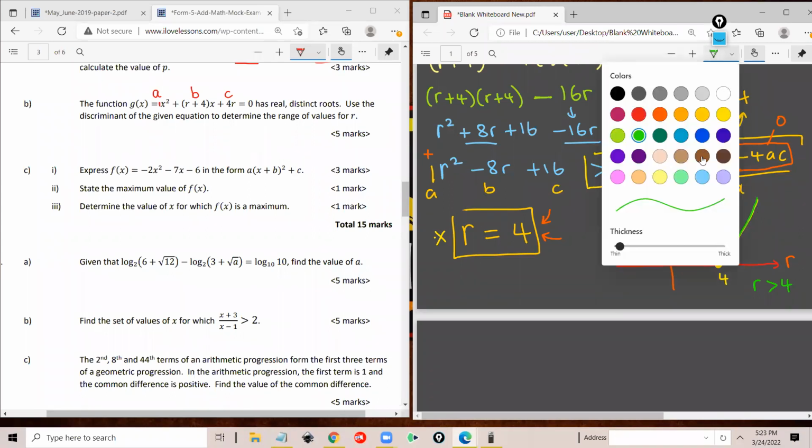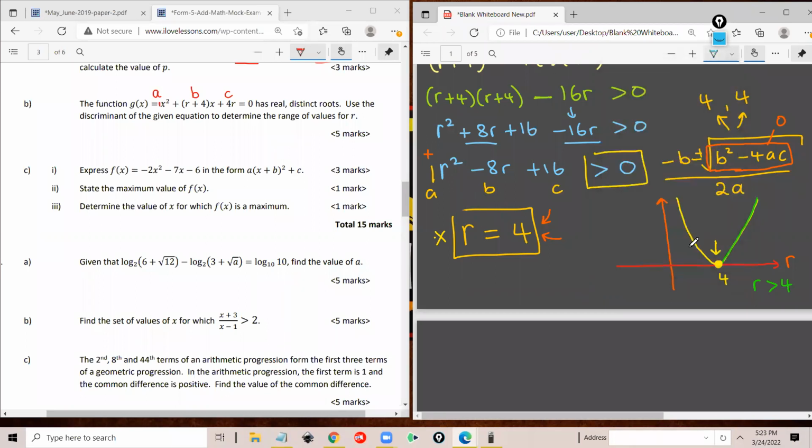But also just before the 4, isn't this blue part above the x-axis, not the x-axis, the r-axis, right? But how do we define this? This is when R is less than 4. When we leave 4 and go backwards, it's above the x-axis.